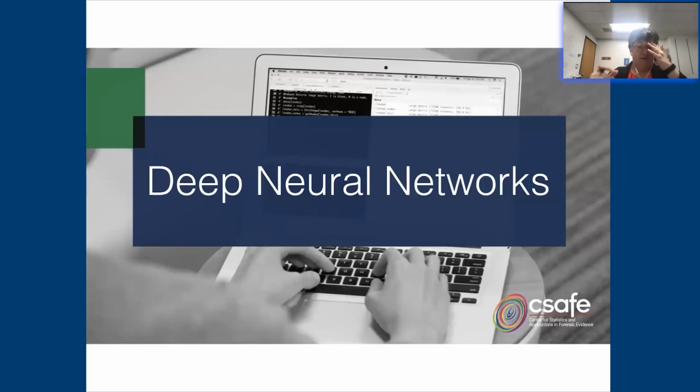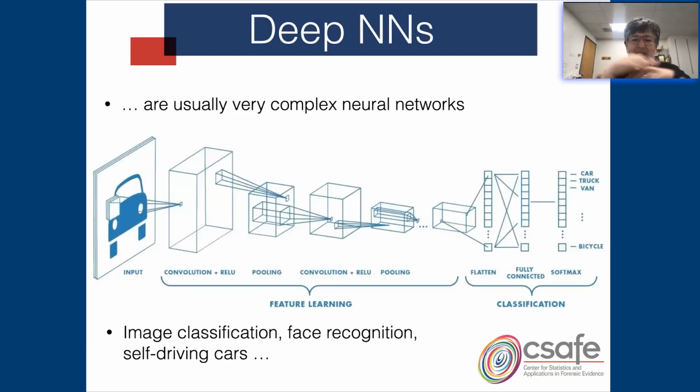So let me go into deep neural networks. Deep neural networks are essentially just very complex neural networks. You can think of these deep neural networks as having applications in what we would consider artificial intelligence. Image classification, here's an example. The input is an image and the output is just an object. These kind of deep neural networks are good at just identifying what is shown in an image.